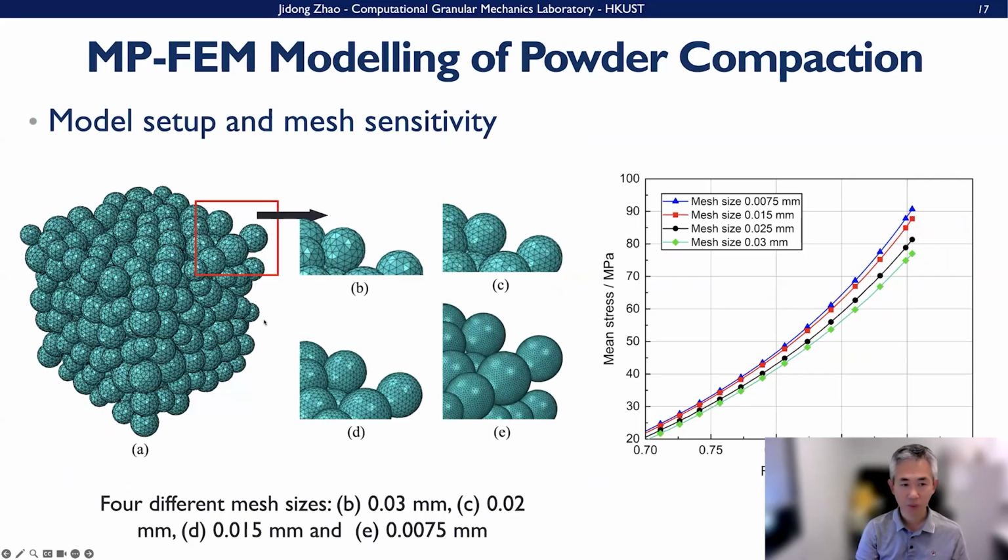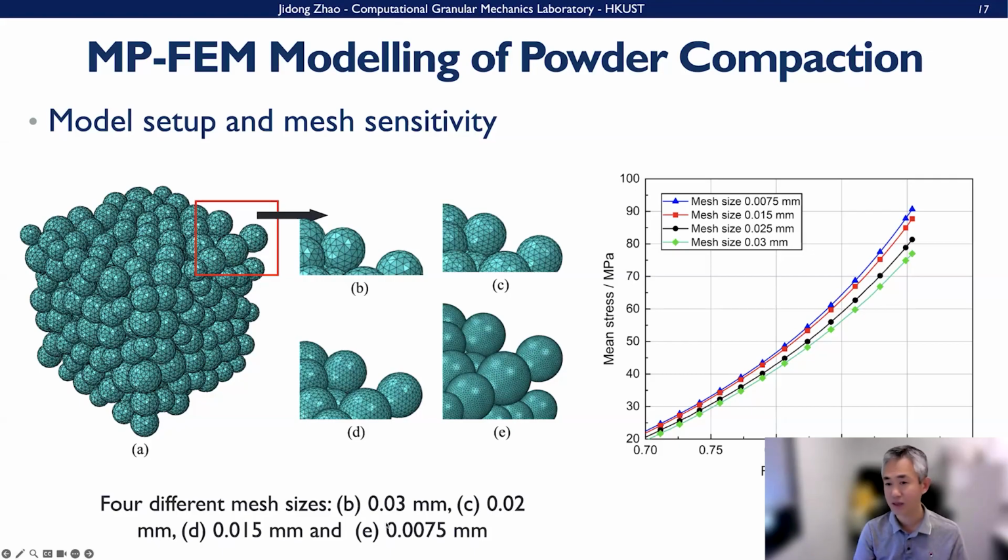For example, when we consider an assembly we want to compact, before that we want to do a mesh sensitivity study. Now for each grain, we discretize by different mesh sizes. And this is a relatively coarse one, finer, and even finer. This is the finest here. So this is a typical mesh size that we use.